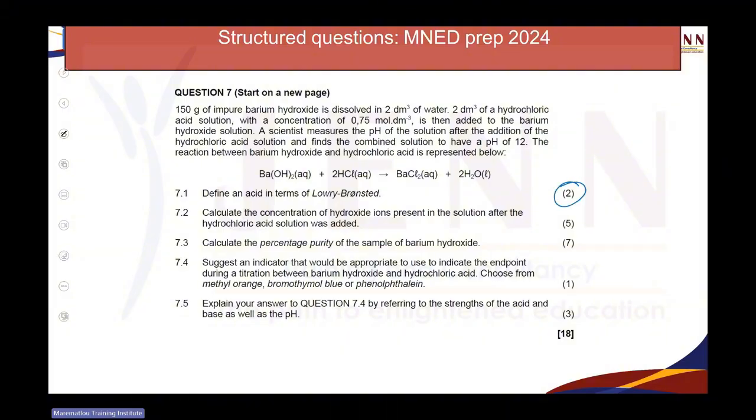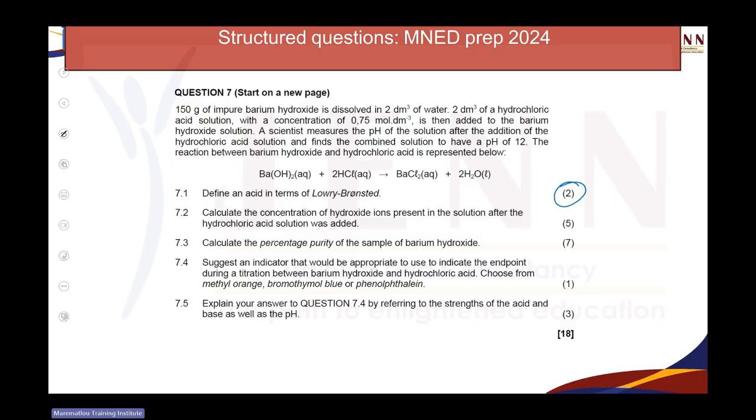Calculate the concentration of hydroxide ions present in the solution after hydrochloric acid was added. I would love to try this, provided that you guys will help me in this 4 minutes, because it's similar to what we just explained. The use of autoionization. If you guys would help me, I would try for us to quickly explain this for you.